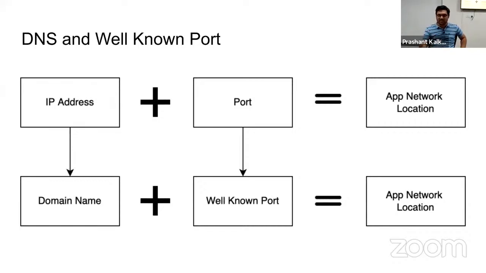You essentially use a domain name of some kind, and we never use a port as well, because we have assigned well-known ports to the protocols. So that way we don't need to deal with that. So let's go with at least the well-known port.